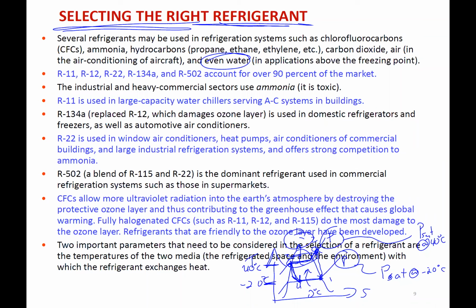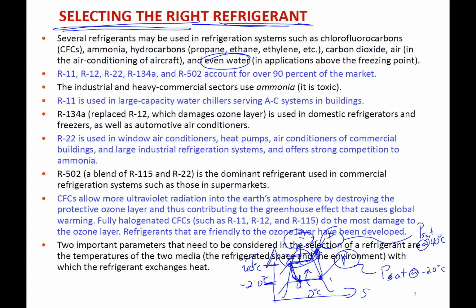Everything's going to need to deal with that high pressure, high forces, if we have that PSAT at those temperatures. Just like we don't want PSAT to be a vacuum either, right? Then we've got to worry about vacuum and vacuum leaks. So we want good pressure ranges, okay?